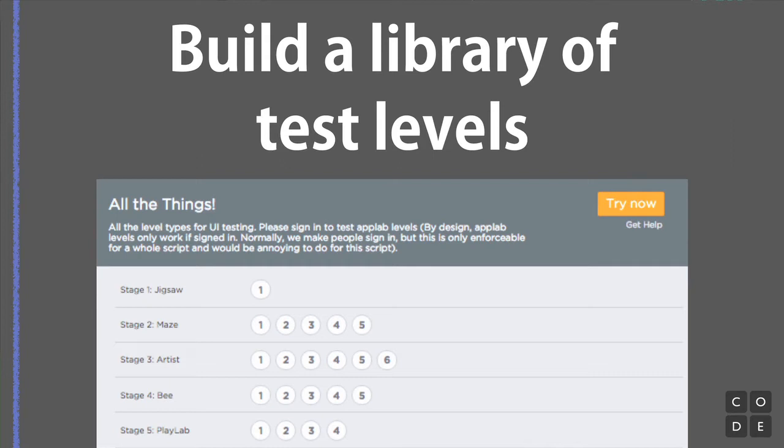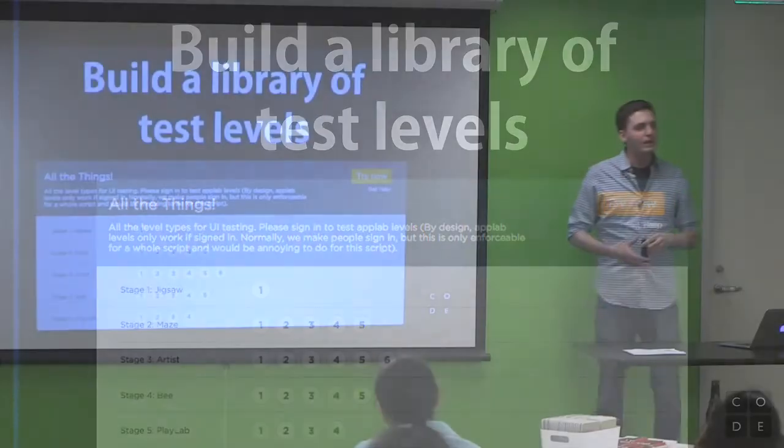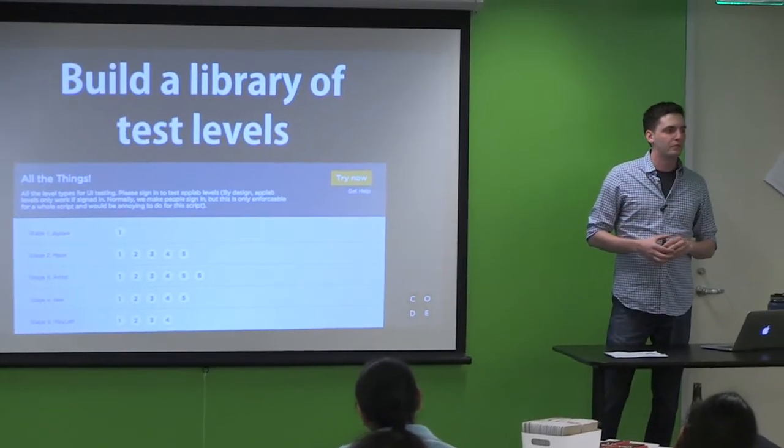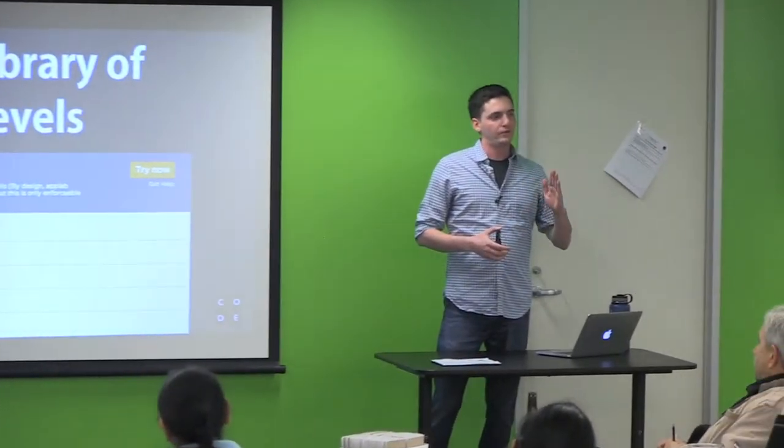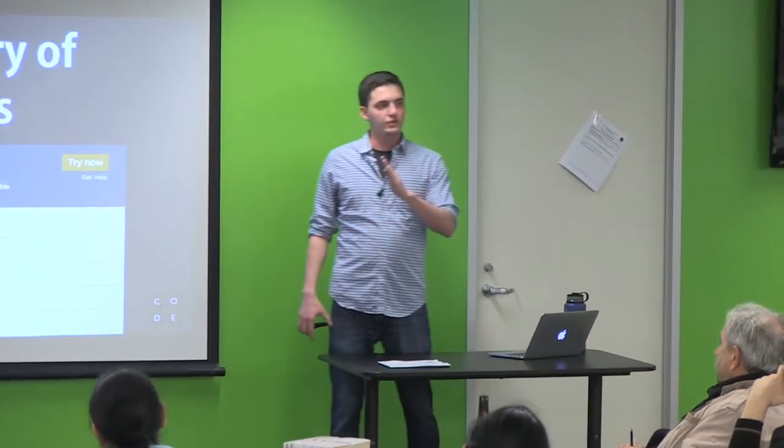Cool. What else do you need when you're writing tests? You need stuff to point your tests at. So we ran into a situation where we were oftentimes running tests against levels like course 4 / stage 2 / level 4, right? So our test will say, go to that stage's level, that specific level.